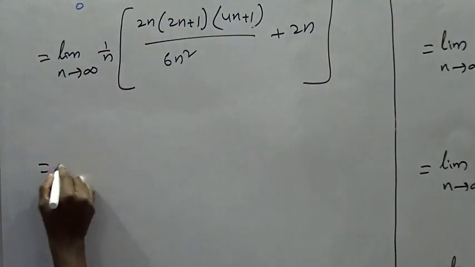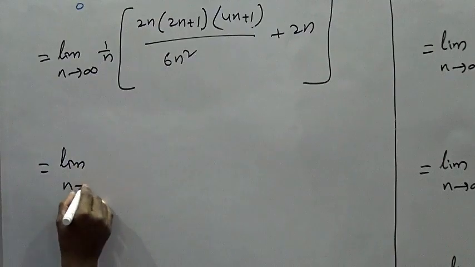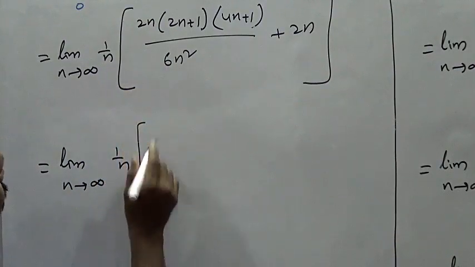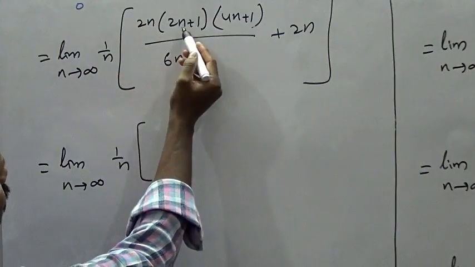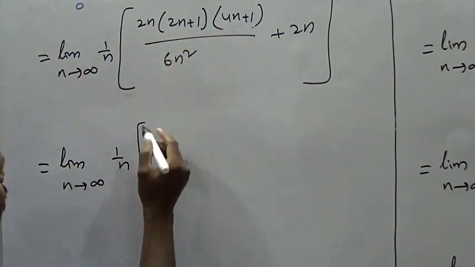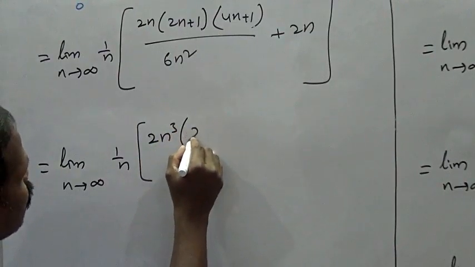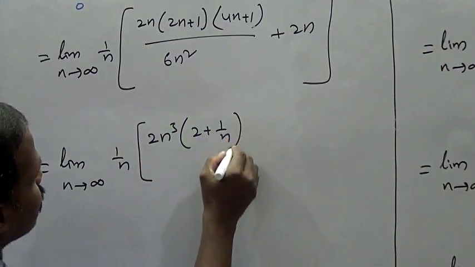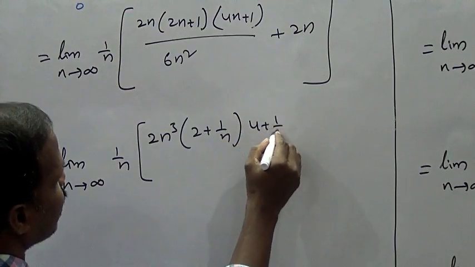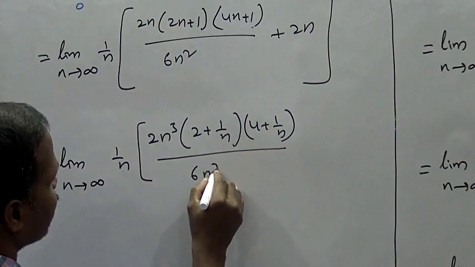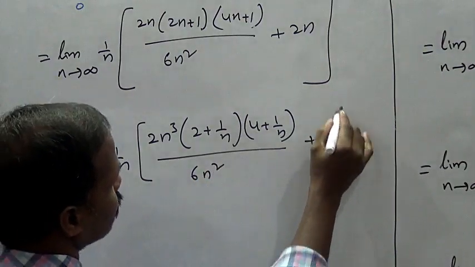So this is equal to the limit as n tends to infinity of 1 by n. Now take n common in each factor. That gives 2n cube into (2 plus 1 by n) into (4 plus 1 by n) by 6 n square, plus 2n.